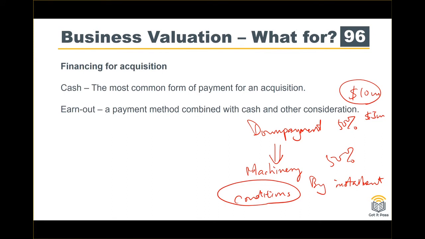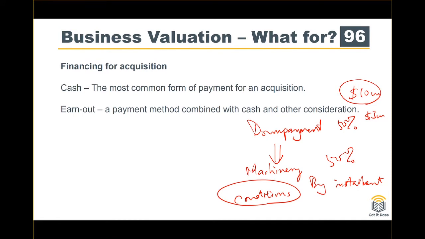The advantage of the earnout is it helps the buyer. For example, it helps the buyer to have a more liquid position, and also when you buy a company using the earnout payment method, it helps the buyer to see whether the company being bought is valued correctly or not.